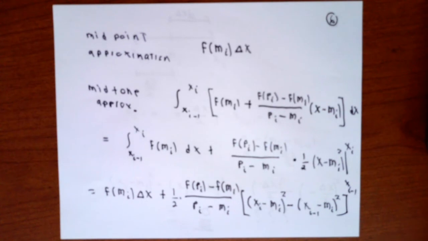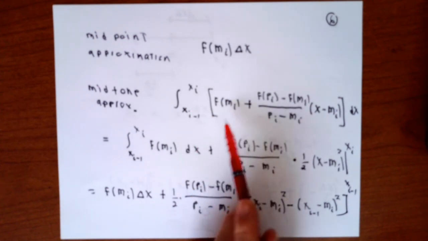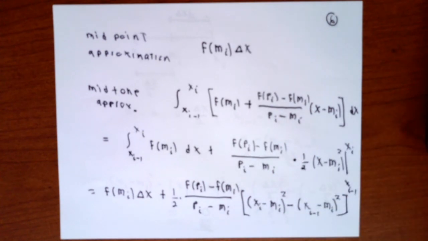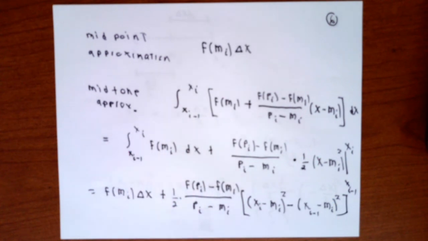I'm just interested in what the approximation to the integral works out to be. So we will integrate not just a constant, but a linear function. If you work all the calculus out, this works out to be this constant times x evaluated between x(i-1) and xi. That gives you the usual midpoint approximation.